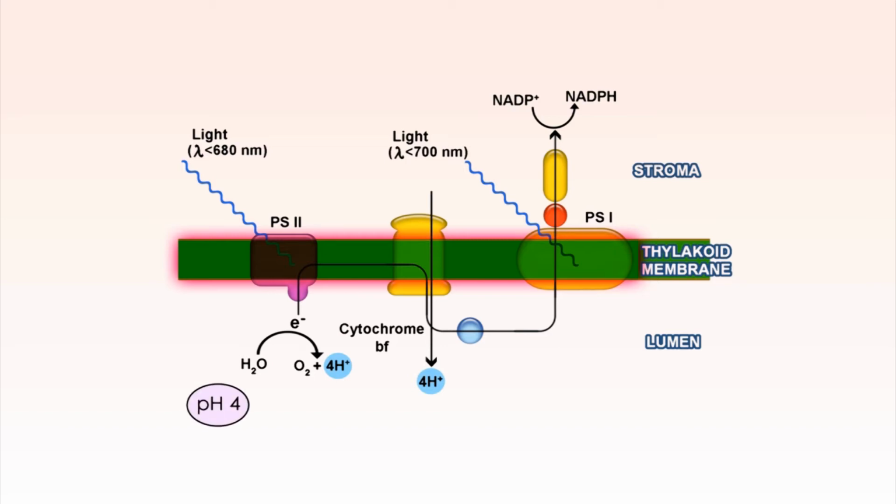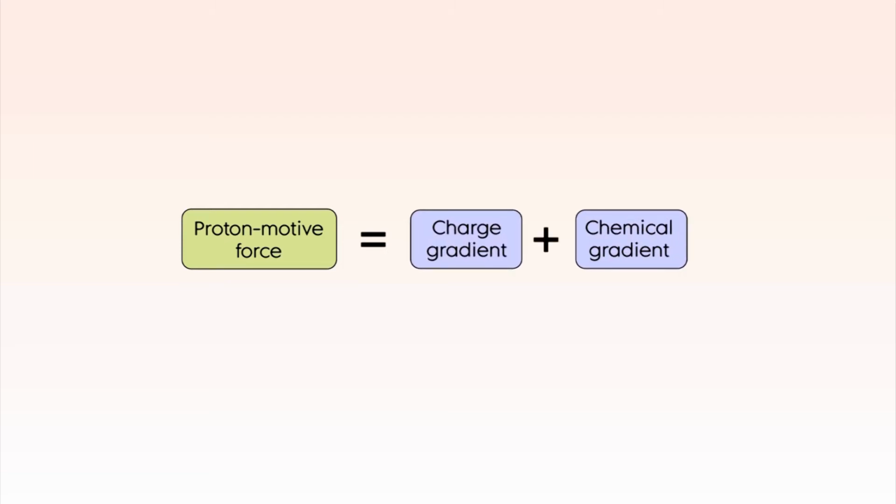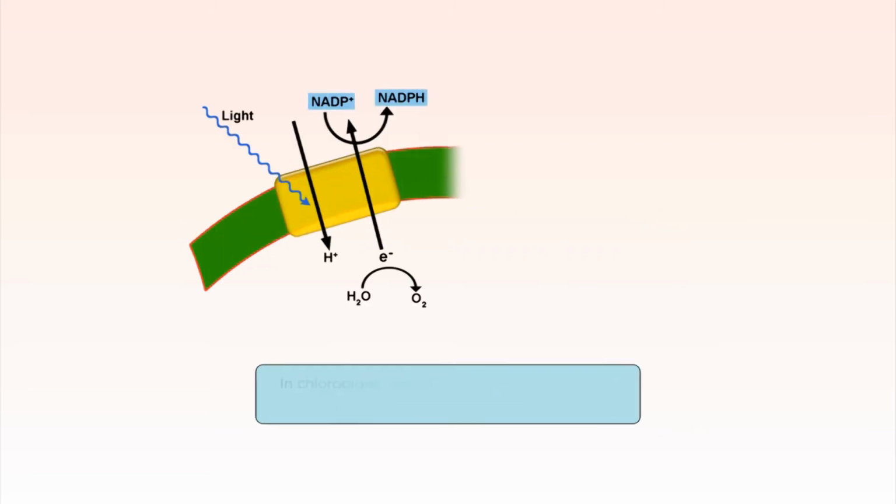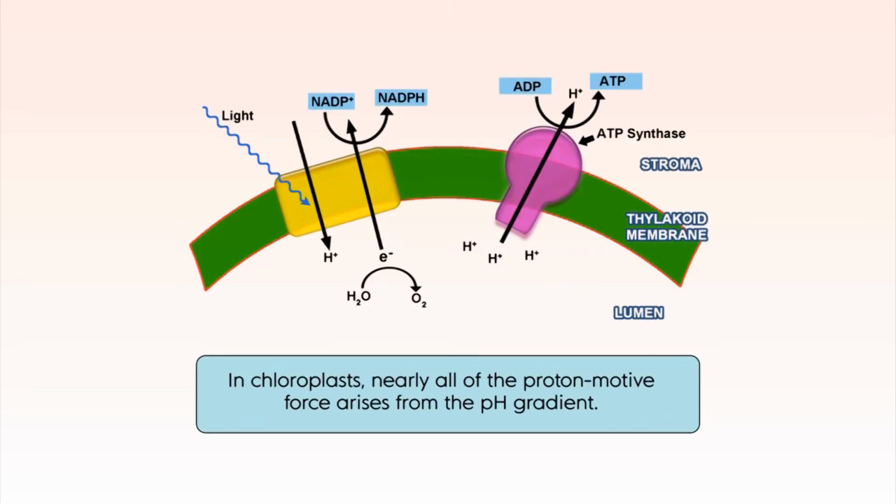The light-induced transmembrane proton gradient is about 3.5 pH units. The energy which is inherent in the proton gradient, called the proton motive force, is described as a sum of two components, a charge gradient and a chemical gradient. In chloroplasts, nearly all of the proton motive force arises from the pH gradient.